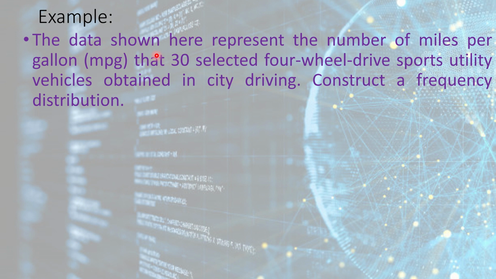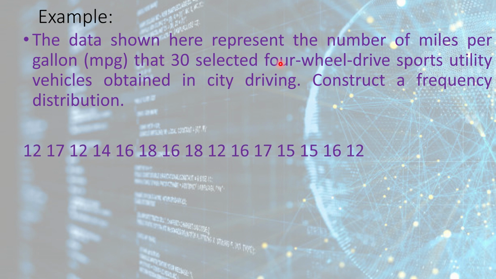In this case, the data shown here represents the number of miles per gallon that 30 selected four-wheel drive sports utility vehicles obtain in city driving. Construct a frequency distribution. The data is given in this form.